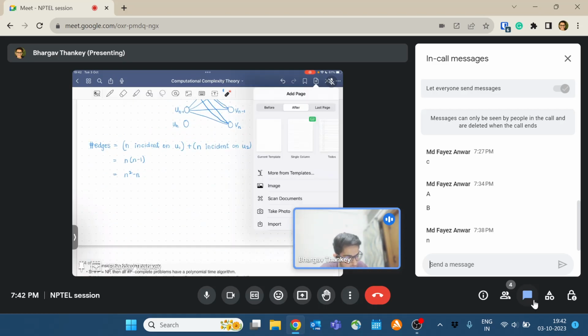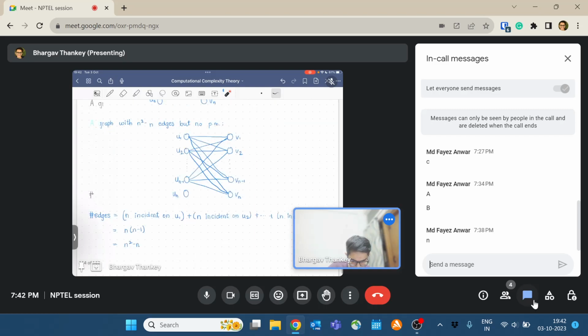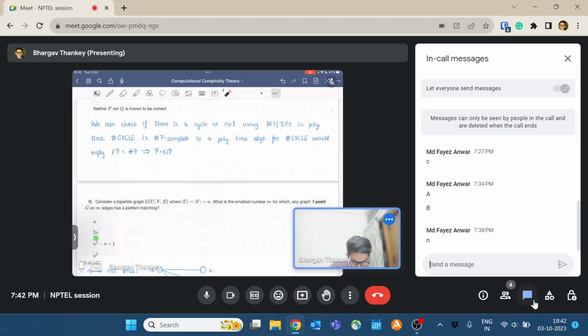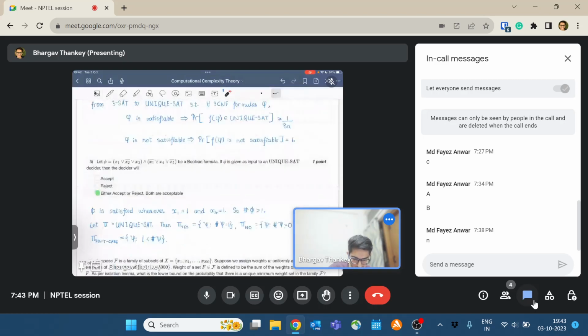So the claim is, I think it would be claim 3.